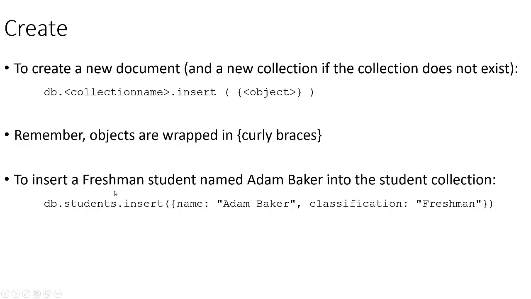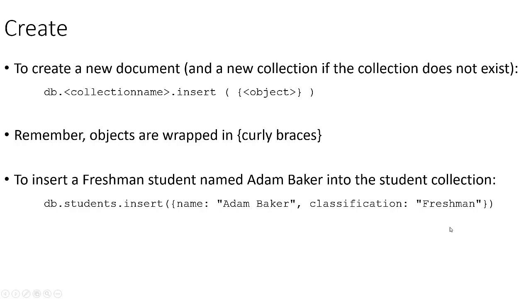So if we wanted to insert into the students collection a new student object that has an attribute of name with a value of Adam Baker, and an attribute of classification with a value of freshman, then we would write this statement: db.students.insert, open parenthesis, open curly brace, the contents of our object, close curly brace, and close parentheses.